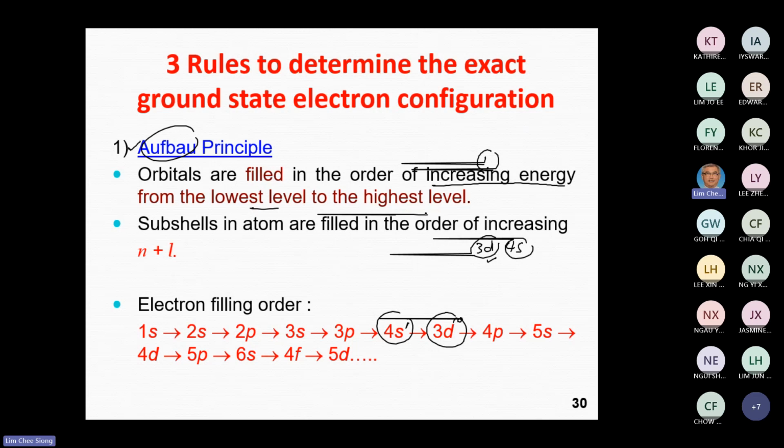Then afterward, some students say, Mr. Lim, how about the second one? Do we have to write it down or not? Better you write it down, because you must build in the subshell itself in order of increasing n plus l number. So if, let's say, 3s and also the 3p subshell, you have 3s first: 1, 2, then followed by 3, 4, and followed by 5.